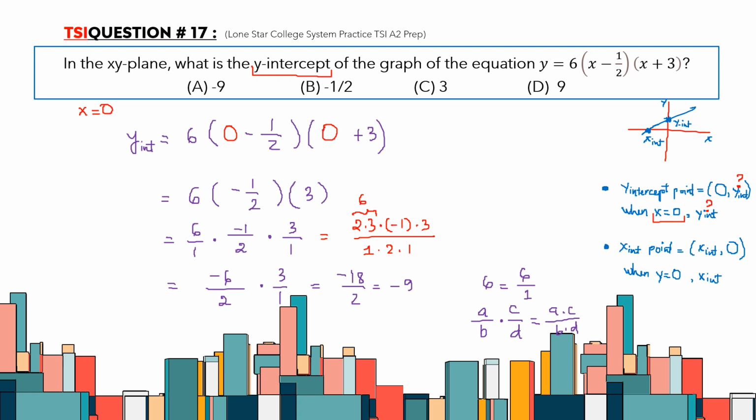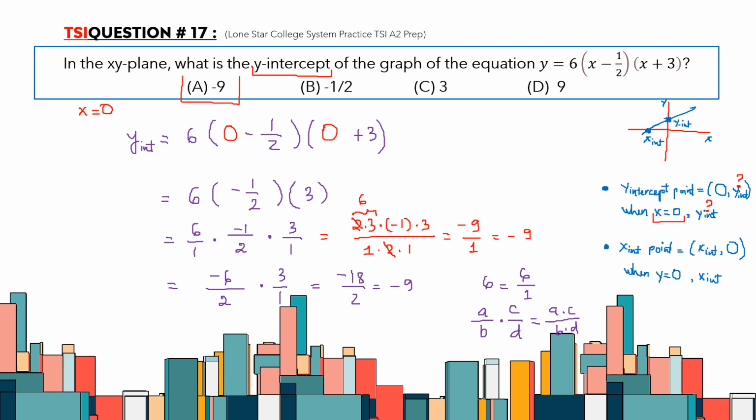Because we want to cancel the 2 here. Then we will have 3 times 3 times negative 1 is negative 9, and 1 times 1 is 1. That will make negative 9 as well. You can simplify first before you multiply, or you can do the multiplication and simplify later.